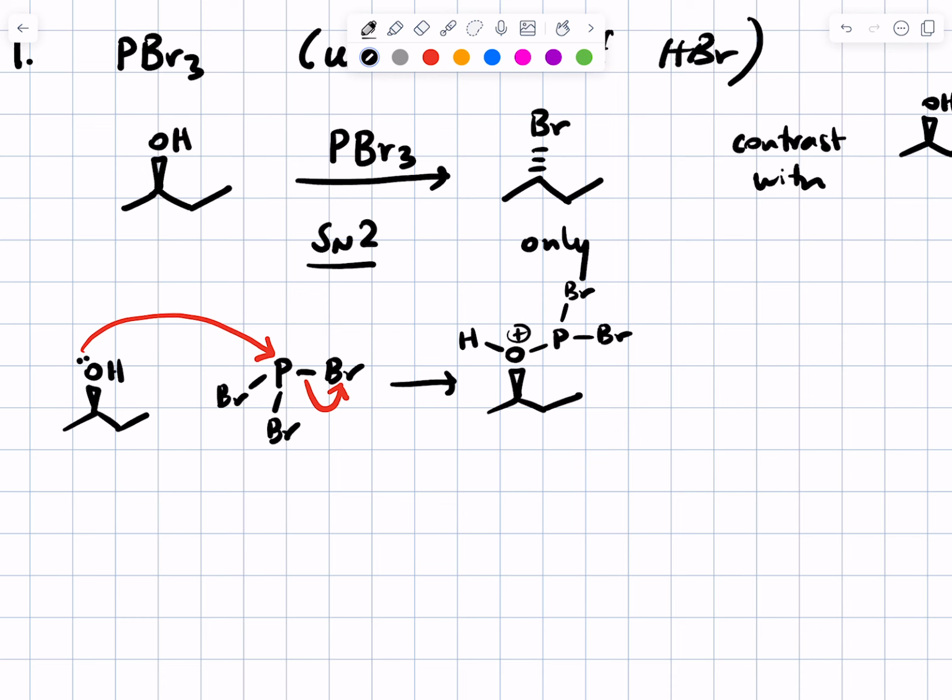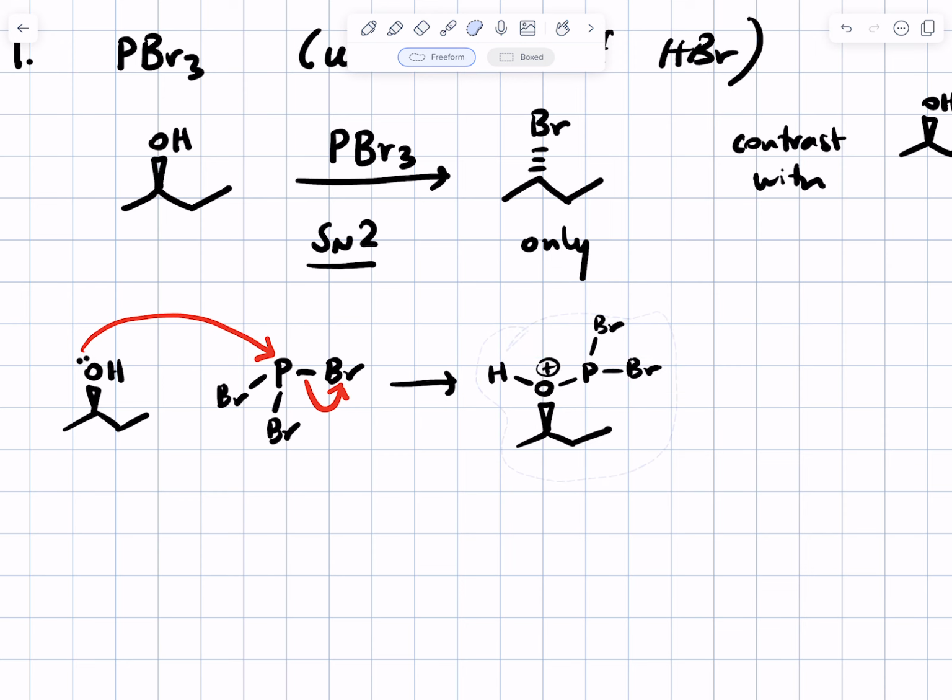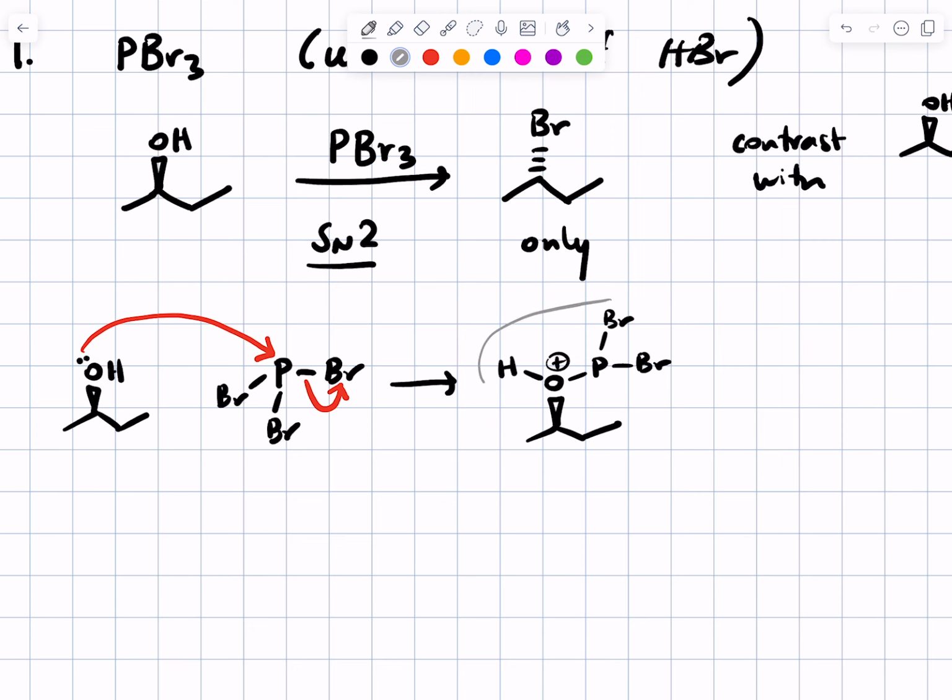So at this stage, what you've got is the oxygen of the alcohol is now positively charged. Again, it might not be immediately clear, but what I have circled, and I'm going to now color in green, we're going to say is a good leaving group. You wouldn't know that without actually having it leave and then thinking about the pKa of its conjugate acid.